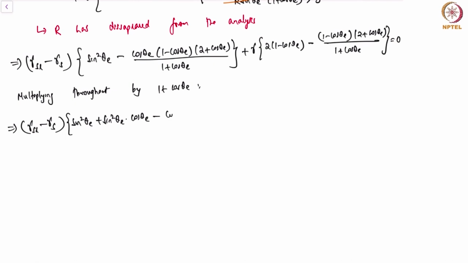Then we have cos theta e times 1 minus cos theta e times 2 plus cos theta e. Then the second term would just be gamma times 1 minus cos theta e times 1 plus cos theta e, which would just be sine square theta e. That's just 2 sine square theta e minus 1 minus cos theta e times 2 plus cos theta e.